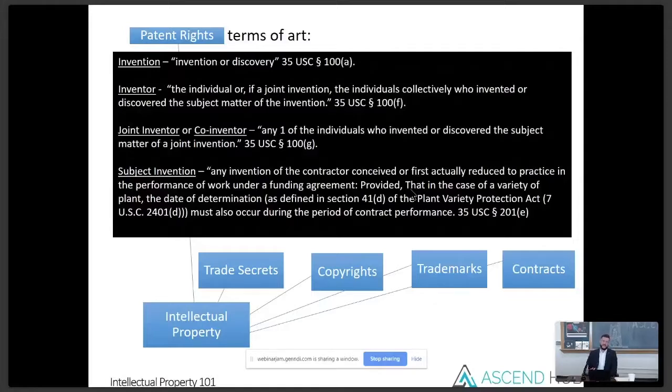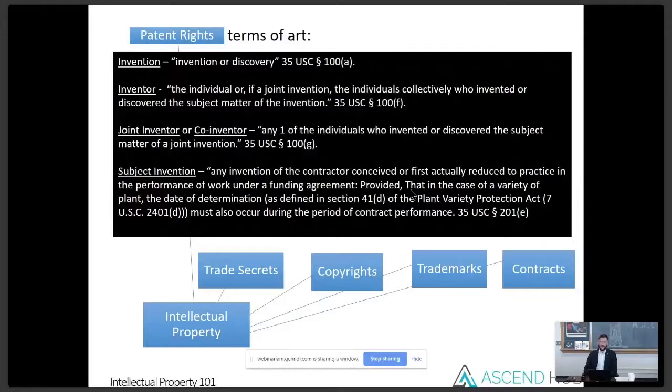So this next definition is especially important when we're talking about research and development work in the academic setting that was conducted using federal research dollars. Those federal research dollars are subject to the provisions of the 1980 Bayh-Dole Act.